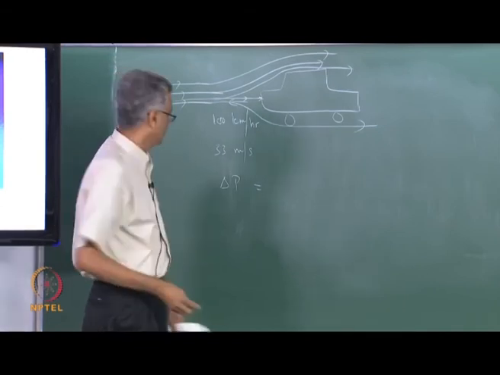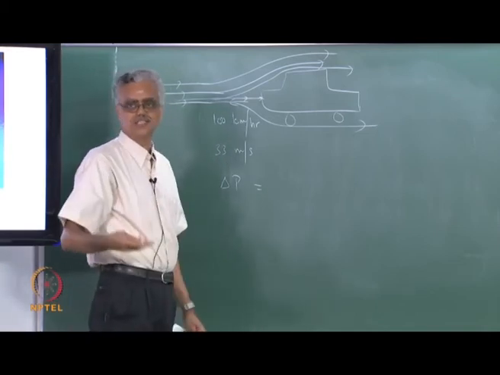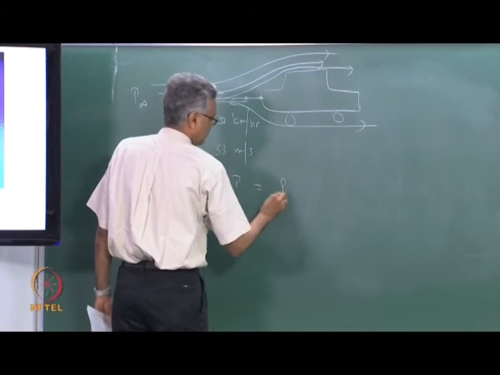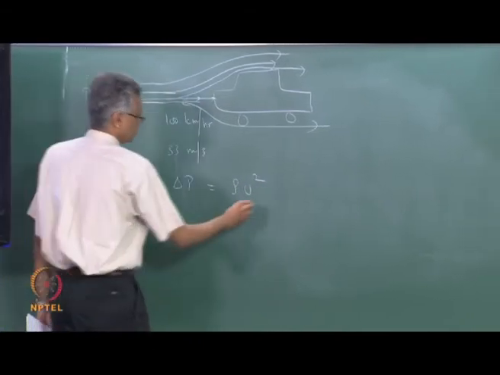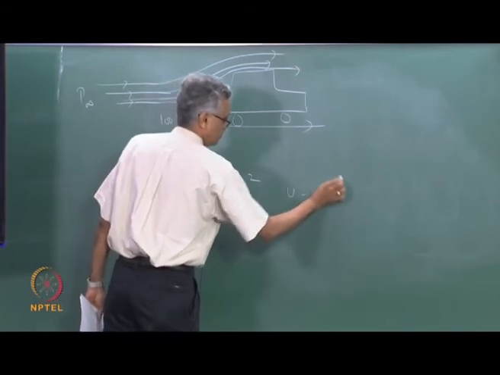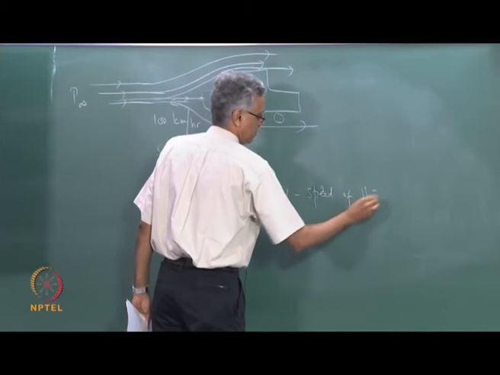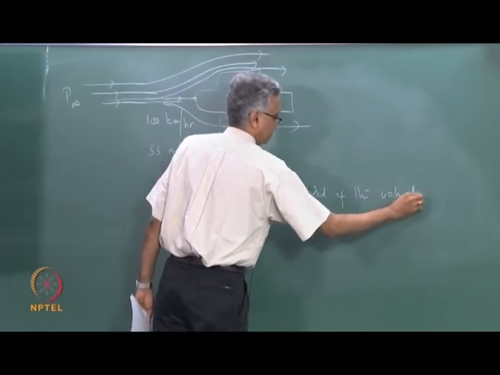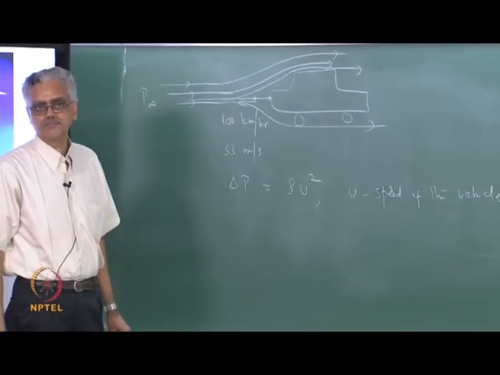Now if you use Bernoulli's equation, then we know that the increase in pressure in this streamline is the maximum, and that scales roughly as the density of the fluid times the square of the velocity of the vehicle, right? So U is the speed of the vehicle or free stream speed, okay, depending upon your frame of reference.